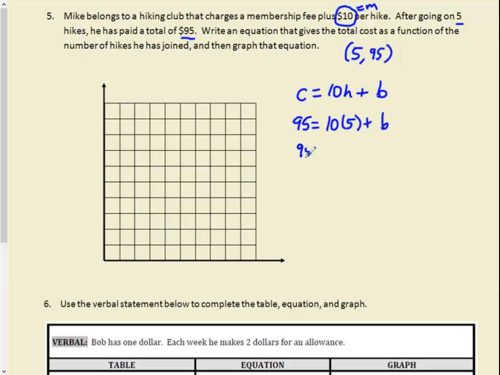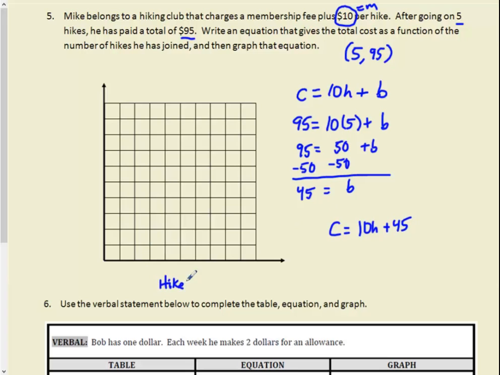So we have 95 is equal to 50 plus b. Subtract 50 from each side, and we have 45 equal to b. So our equation is C equals 10H plus 45: $10 per hike plus that $45 membership fee.